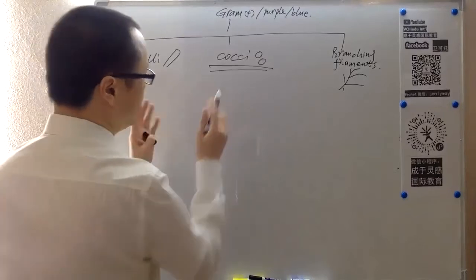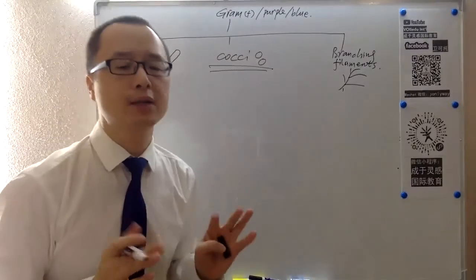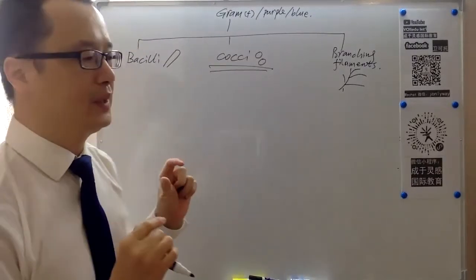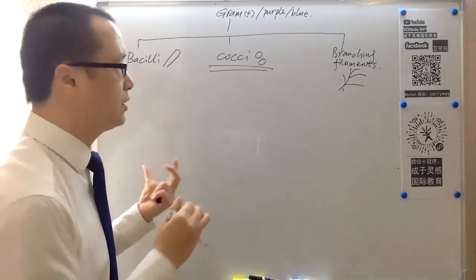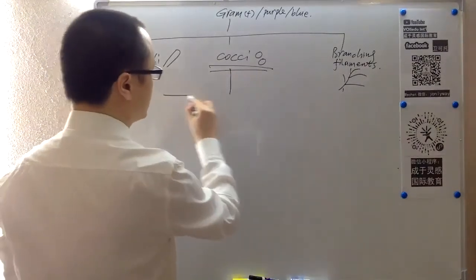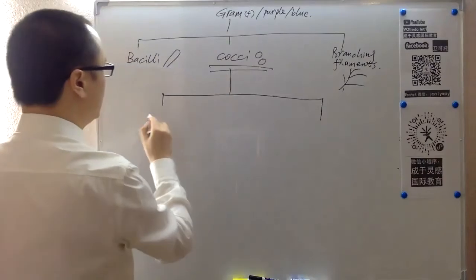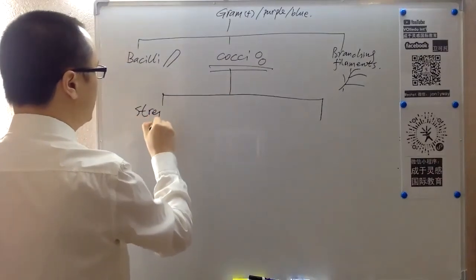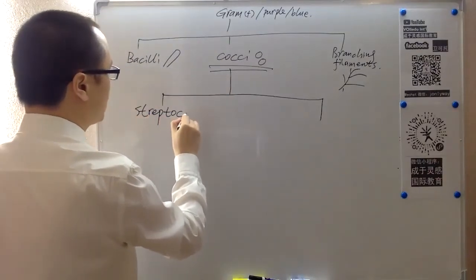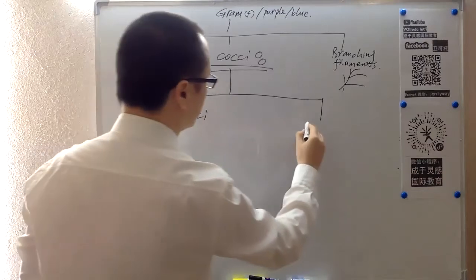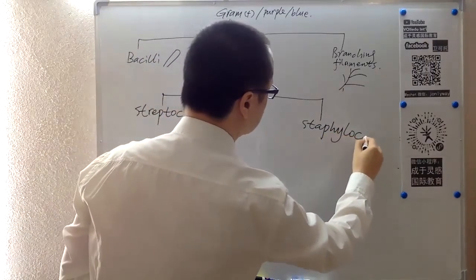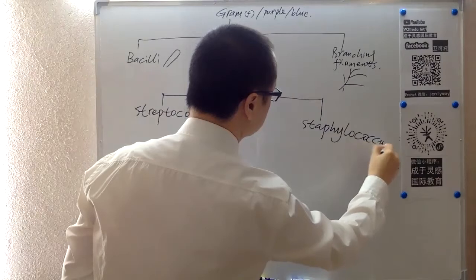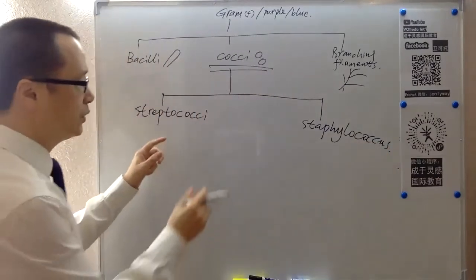There are two kinds of cocci: streptococcus and staphylococcus.